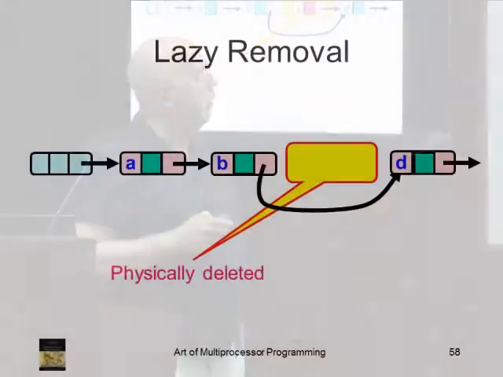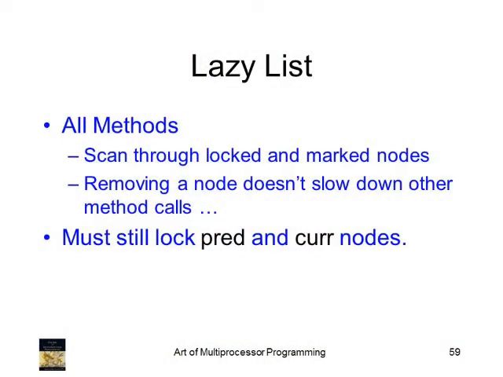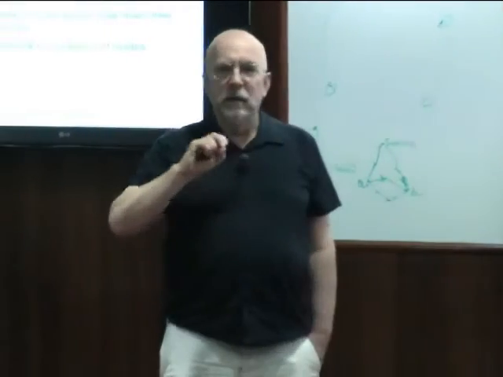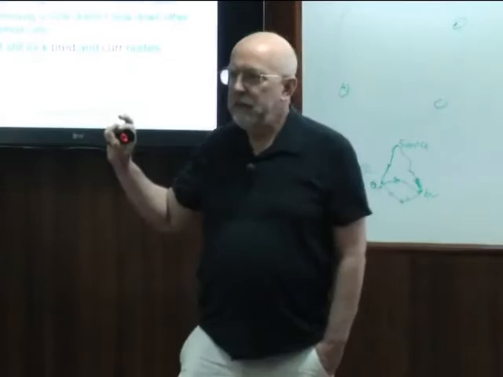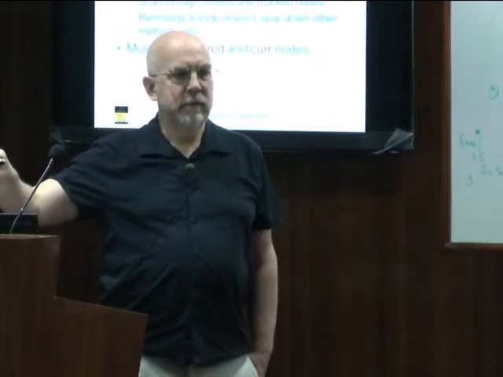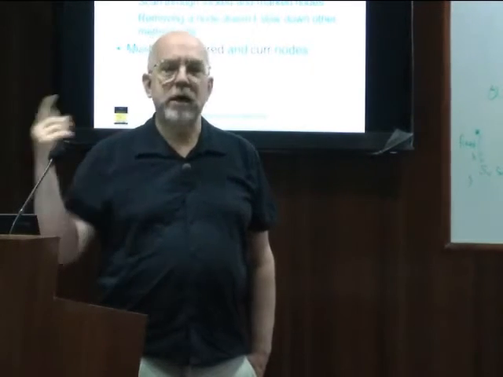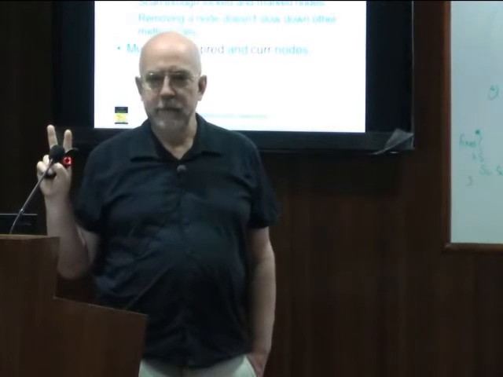So what happens when we do this? All the methods scan through. When we're searching for something, we just go right through the list, ignoring whether it's present or not. We just follow the references. So that means that we're scanning through nodes that have been both logically and physically deleted.